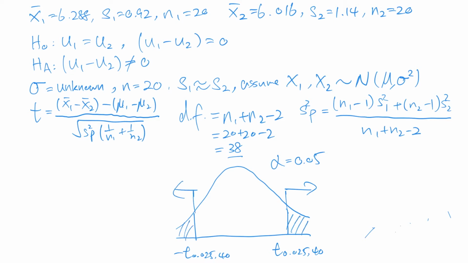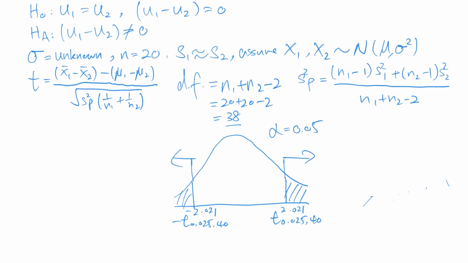Make sure you shade the rejection zone, and if I look up for degrees of freedom 40, this would be 2.021, and this would be minus 2.021. We'll do a little more scrolling and write down our decision rule.